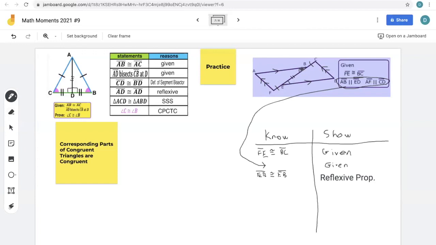Alternate meaning opposite sides of this transversal, which is the FC line here, and interior meaning inside the parallel lines, which are AB and ED. So I'd say angle B is congruent to angle E, by alternate interior angles.